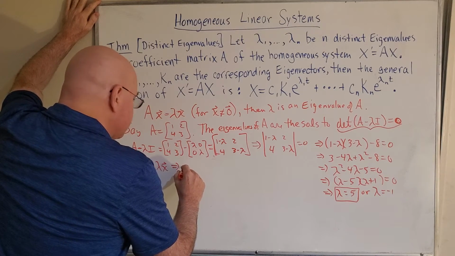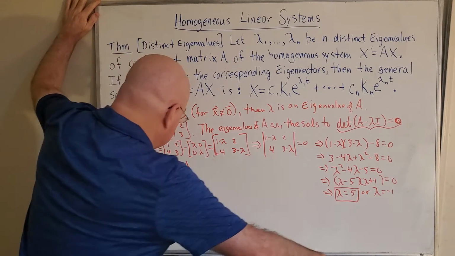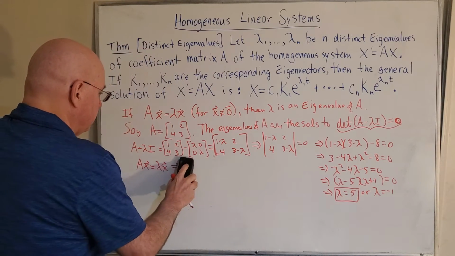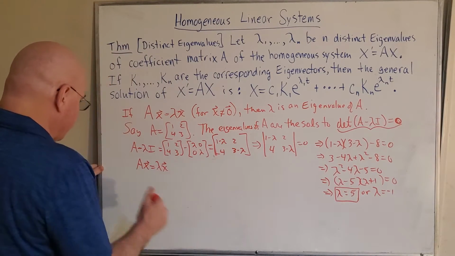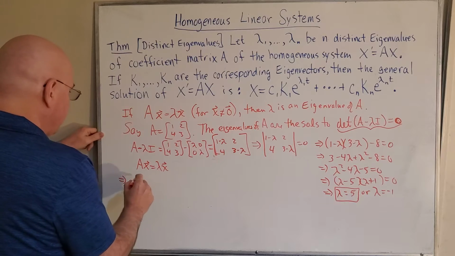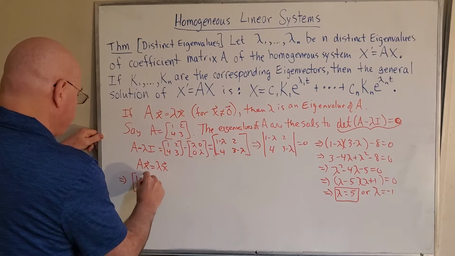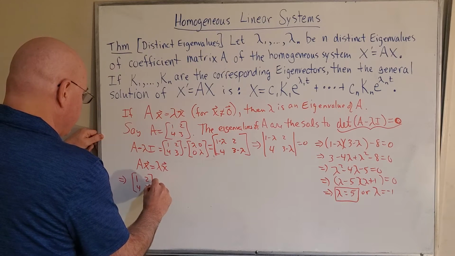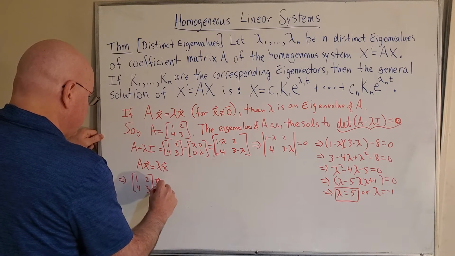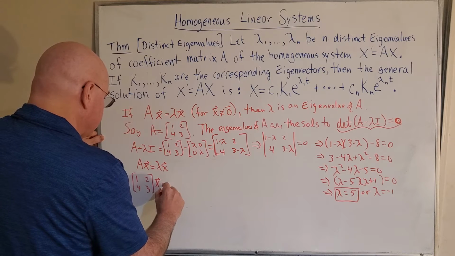So that gives us, actually let me go downward here. A is 1, 2, 4, 3, times x equals 5x.